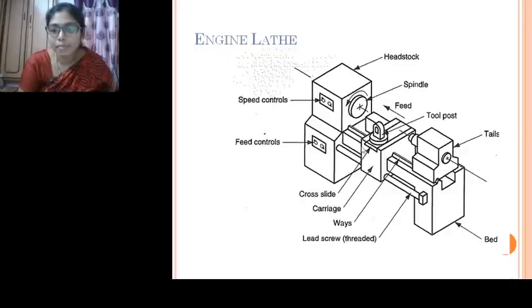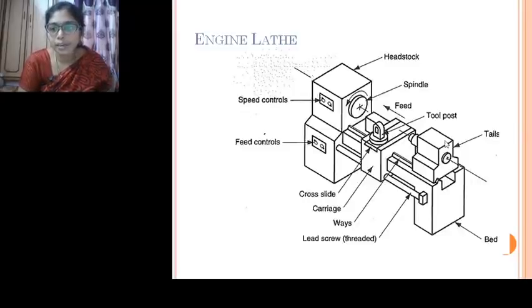And then we have lead screw, or the carriage on which the cross slide will be mounted, and onto this cross slide the tool post will be attached. Now tool post is the one which holds the tool, where the tool will be fixed, whereas spindle to which the workpiece will be attached, or headstock to which the workpiece will be placed by using attachments.